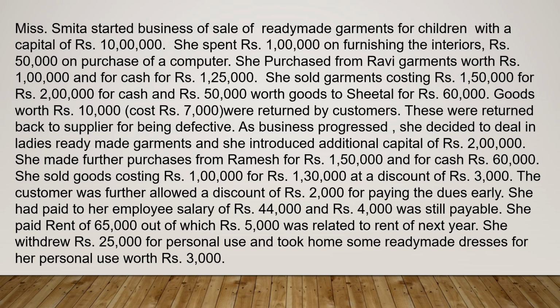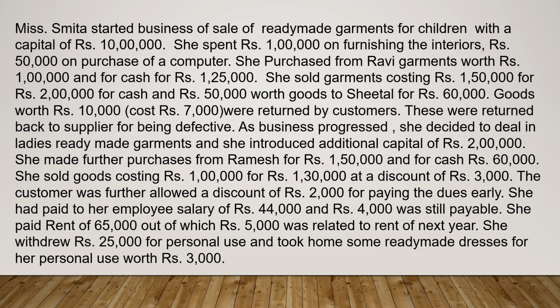As business progressed, she decided to deal in ladies' ready-made garments and she introduced additional capital of rupees 2 lakh. She made further purchases from Ramesh for rupees 1,50,000 and for cash rupees 60,000. She sold goods costing rupees 1 lakh for rupees 1,30,000 at a discount of rupees 3,000.